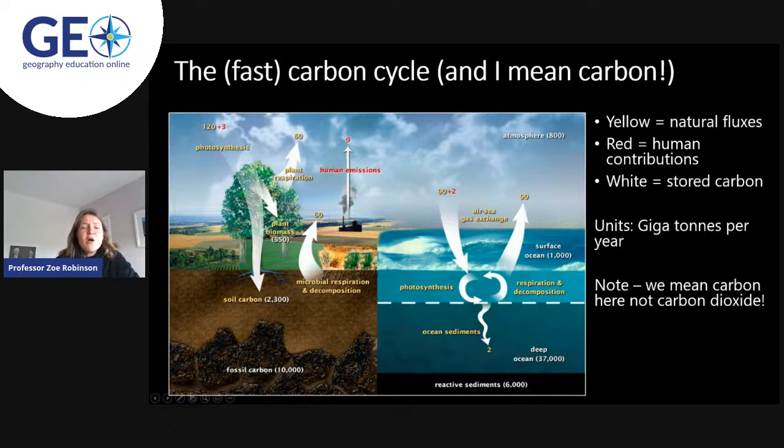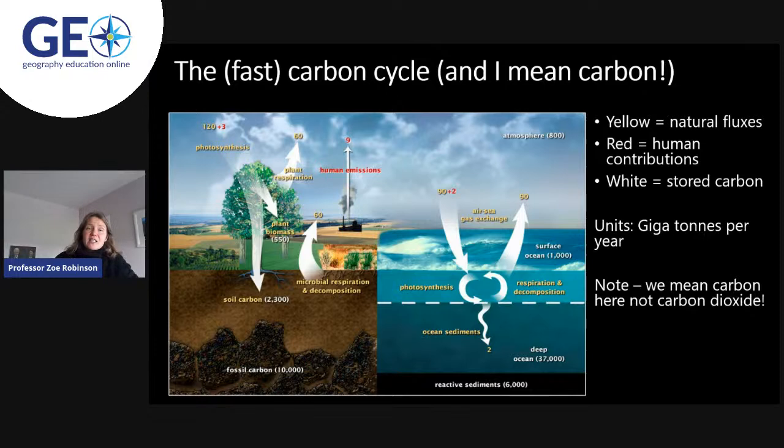So if we just briefly look at this diagram and what it's showing, there's three different colors being used. The yellow is showing us our natural fluxes. So that's really important, that carbon is something which exists naturally in the environment, and it moves naturally between these different stores. So the yellow shows us our natural fluxes or our natural flows.